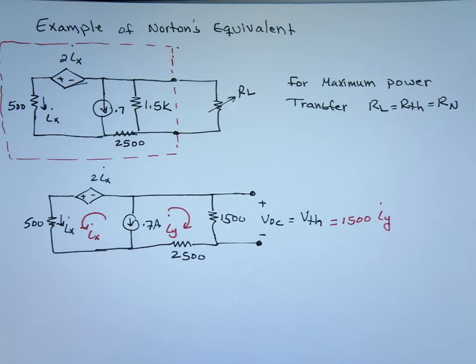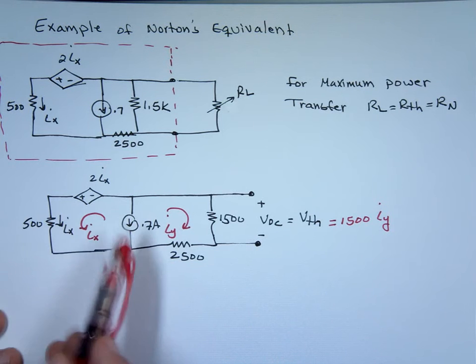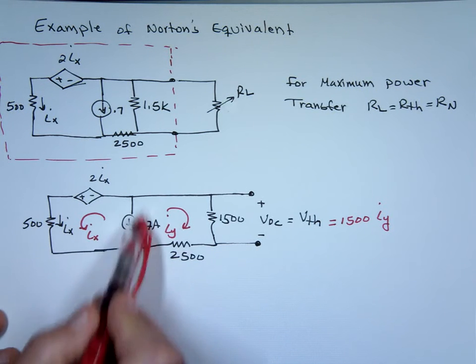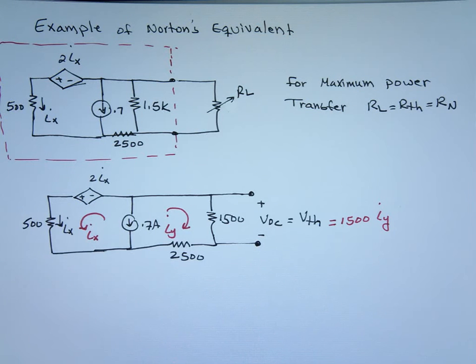So let's see if I can write a couple of mesh equations. Well, I can't use this as a closed loop. Why? We don't know what the voltage is here. I can't use this one either. I don't know what the voltage is here. So I have to go with what? The outside.